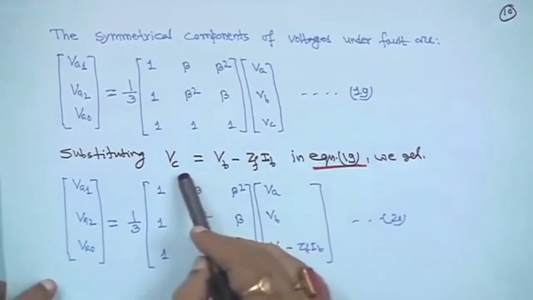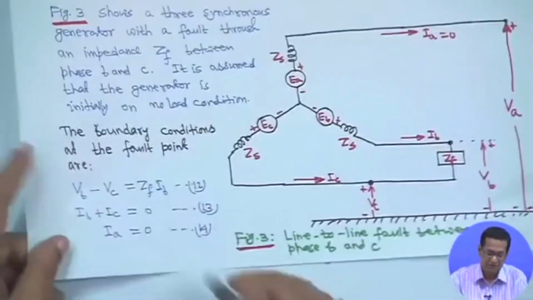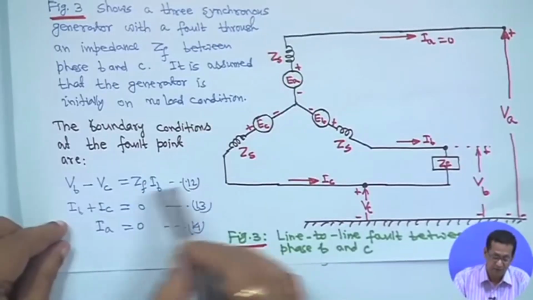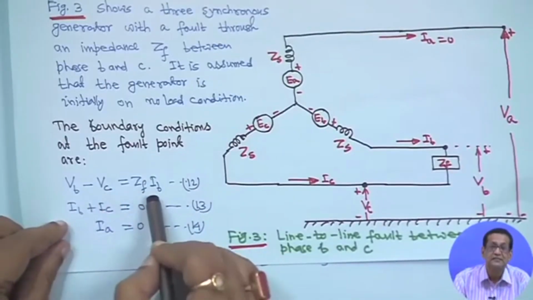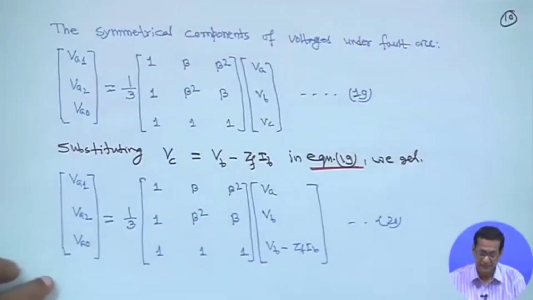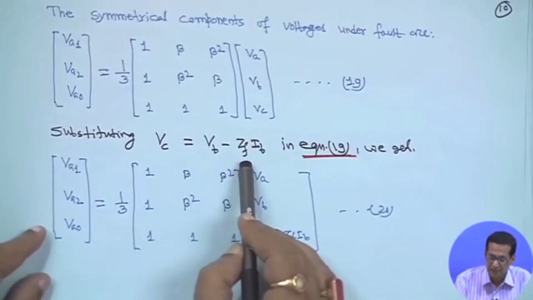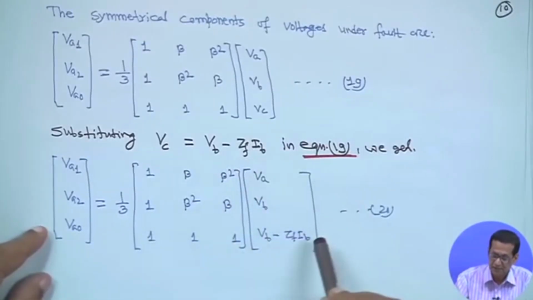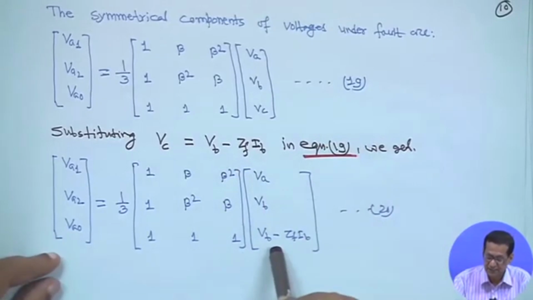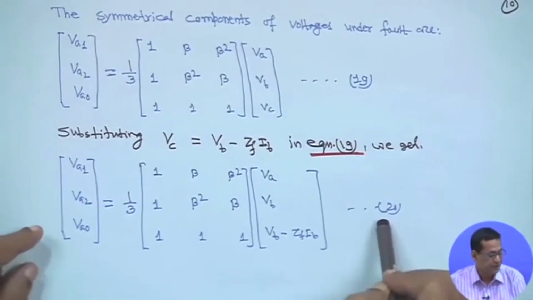Now, we know from equation 12 that VC is equal to VB minus ZF into IB. So, VB will be there, but this VC is equal to VB minus ZF IB we are substituting in equation 19. So, here it is VB minus ZF into IB, this is equation 20.